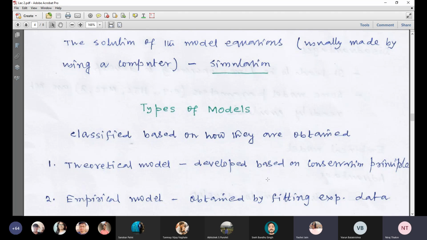I got. What's your name? Yashvi Jain. Can I write? Sir, Yashvi, YASHVI. Jain, JAIN. Yes, sir.